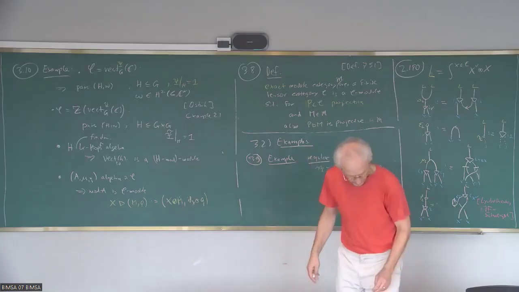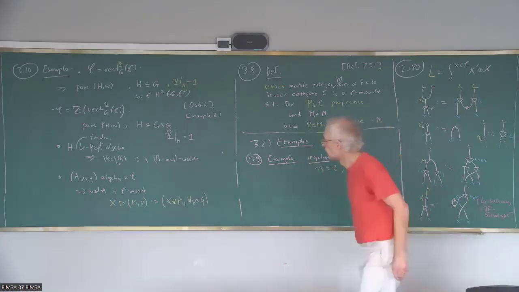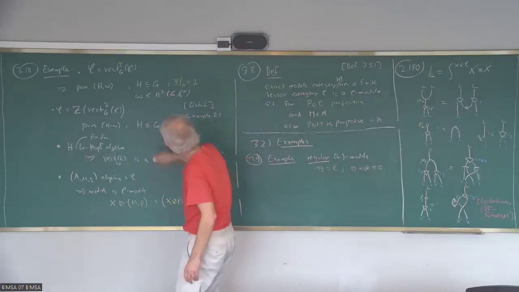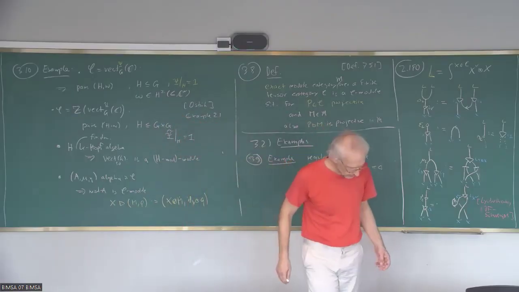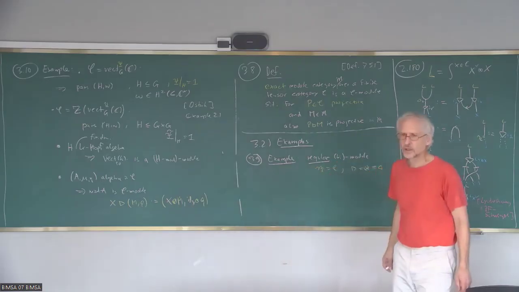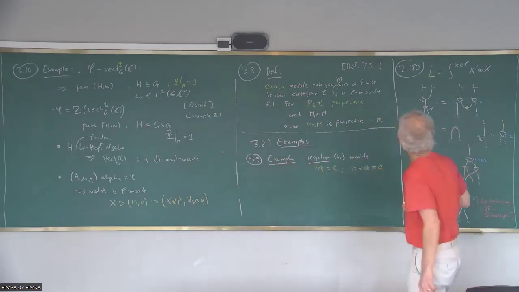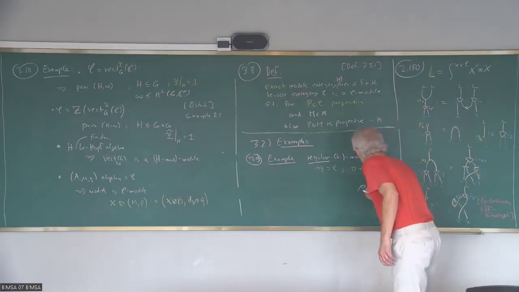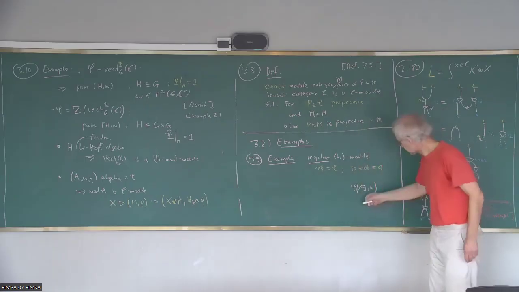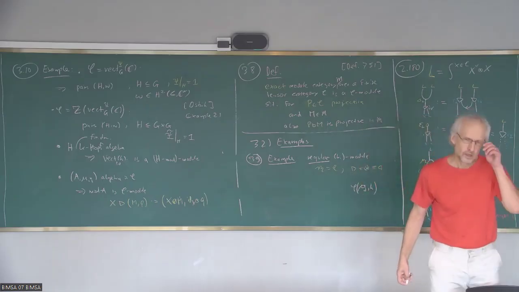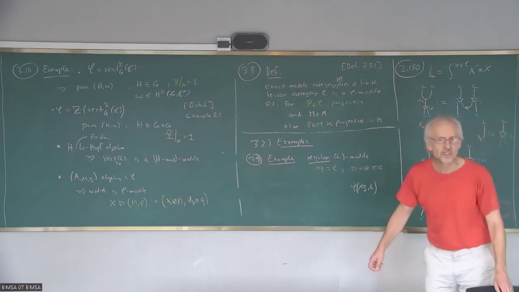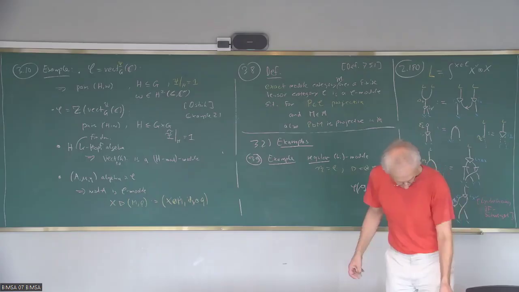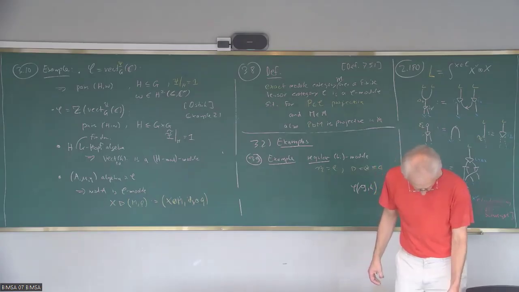Using this, you also get, for example, the module categories over the category C_G of K. For example, when G is SL2, you get the ADE classification of module categories.